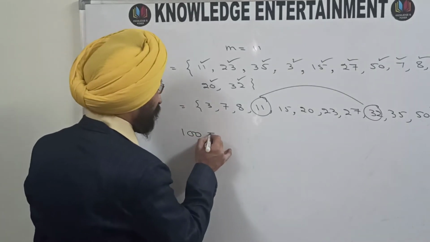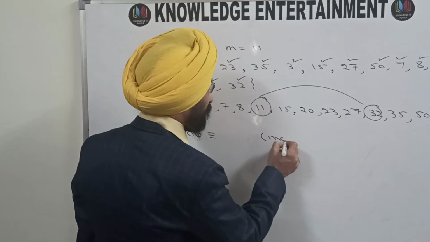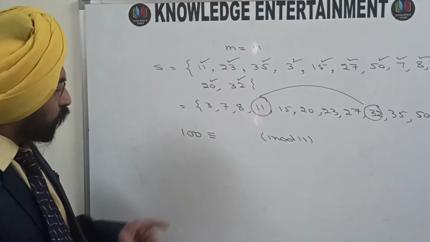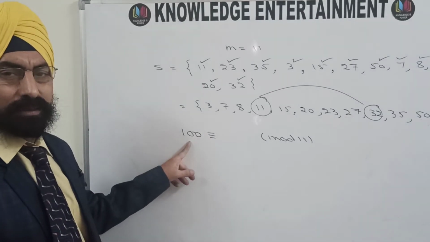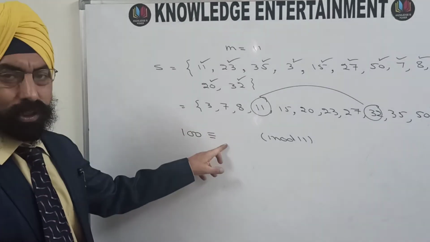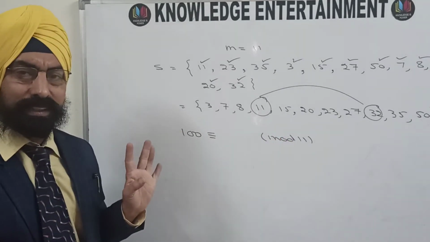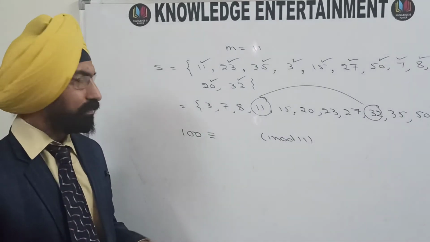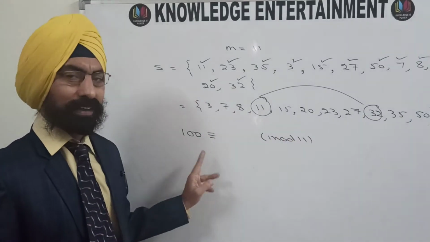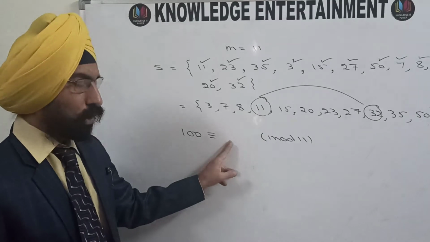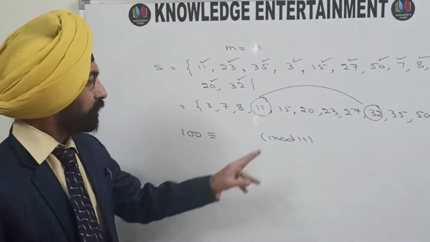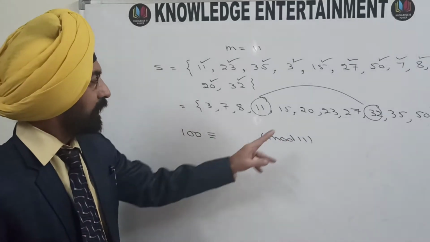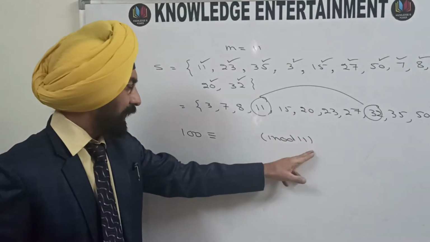So there will be exactly one element in this set which is congruent to 100 modulo 11. 3 is not, because 11 does not divide 97. 7 is not, because 11 does not divide 93. 8 is not, because 11 does not divide 92. 11 is not, because 11 does not divide 89. 15 is not, because 11 does not divide 85. 20 is not, because 11 does not divide 80.